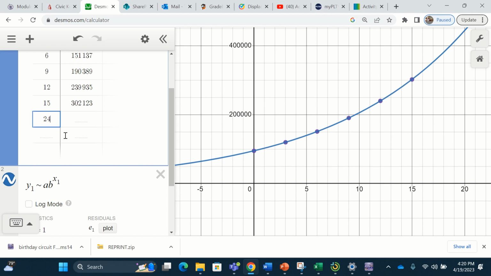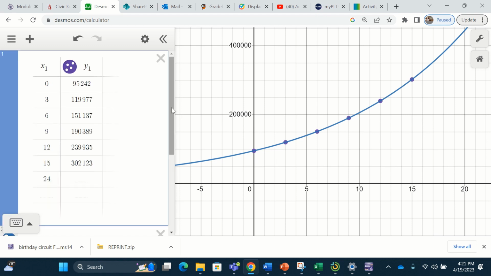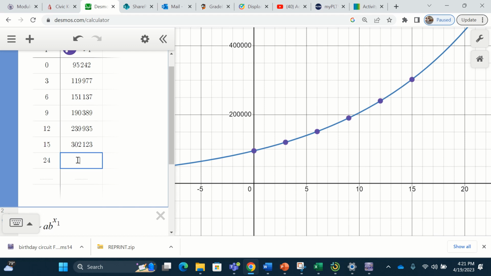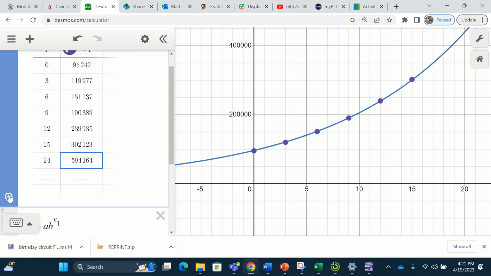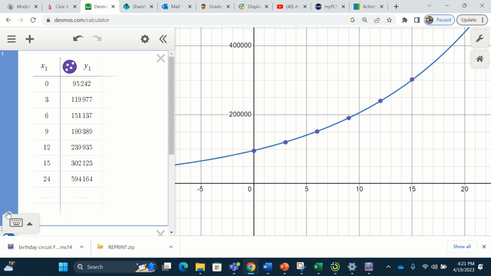Now at this point, you might be able to figure it out. I don't know. I didn't try to plug the numbers in here to see if it would work. Maybe it does work, and I should have tried that first. We could plug in 594164, zoom it out and see if it works.